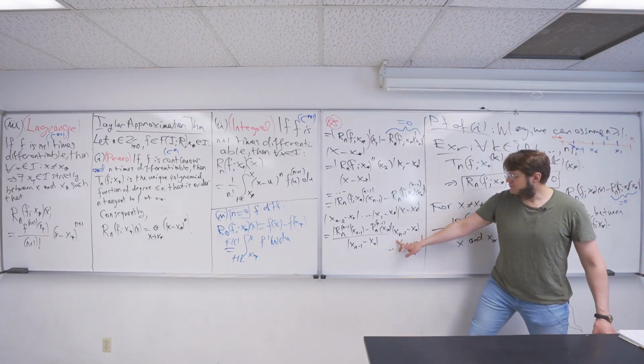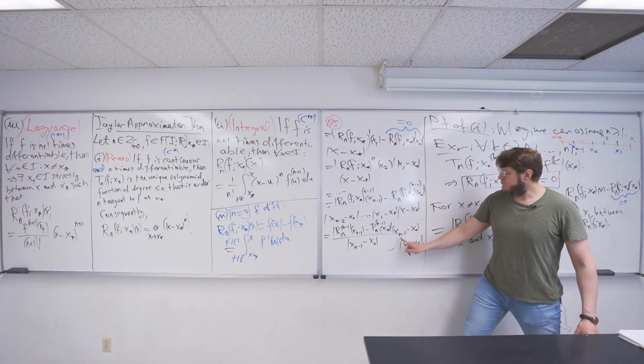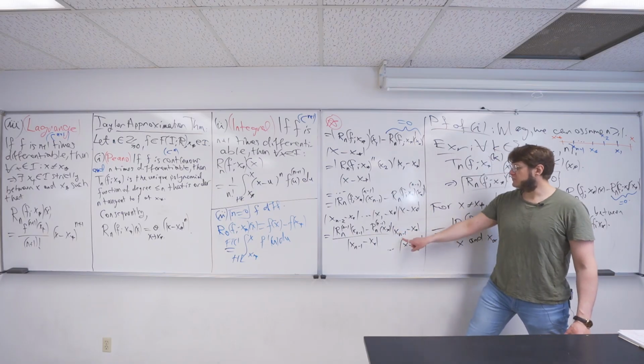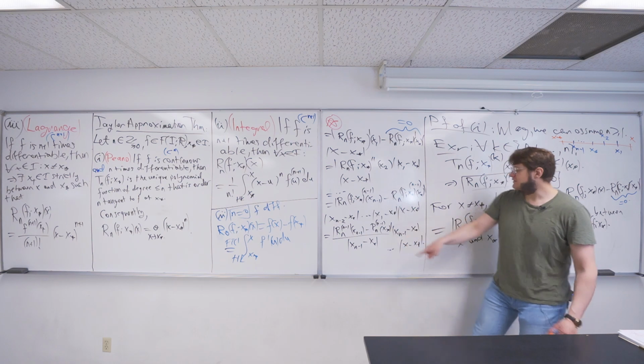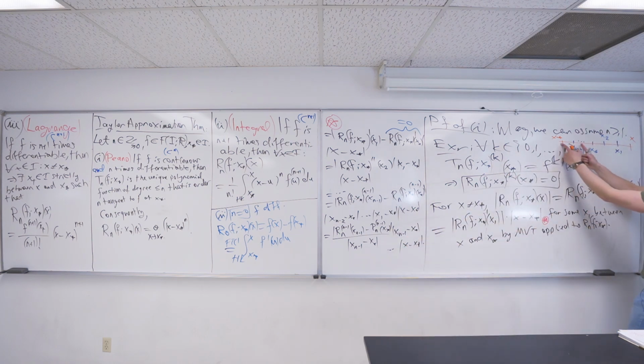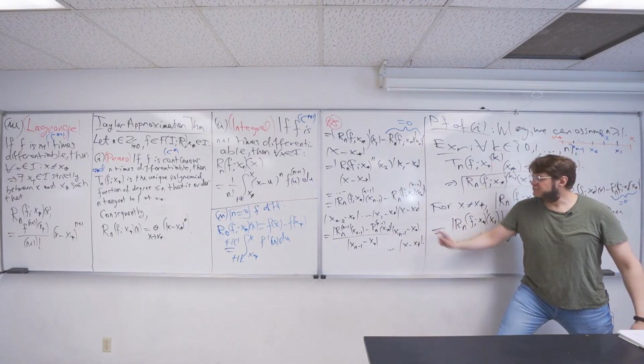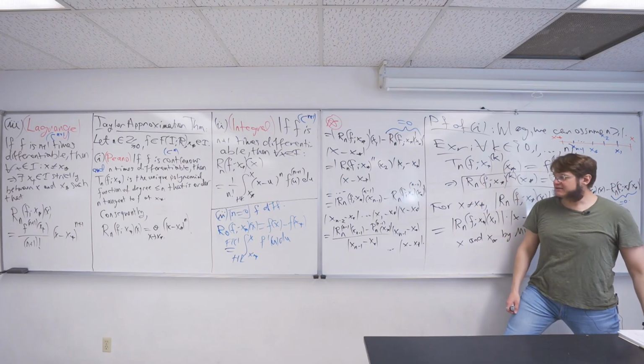I have a bunch of factors here, but each of these indexed points that I generated using the mean value theorem, so for each of these, this distance is something like this. They're all upper bounded by the initial distance between x and x star, which means that this factor is bounded by x minus x star raised to the power n.